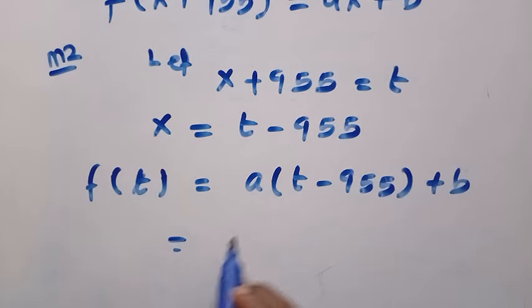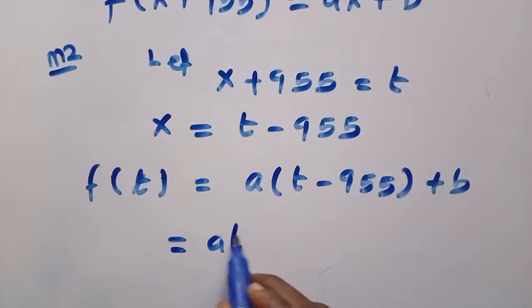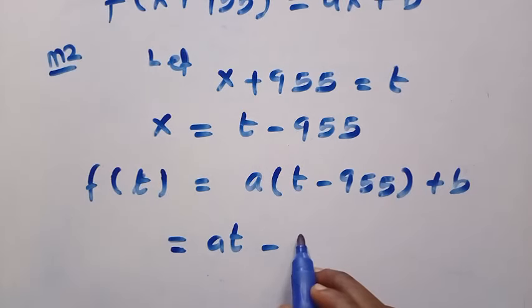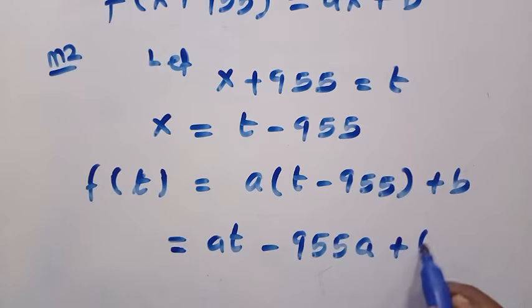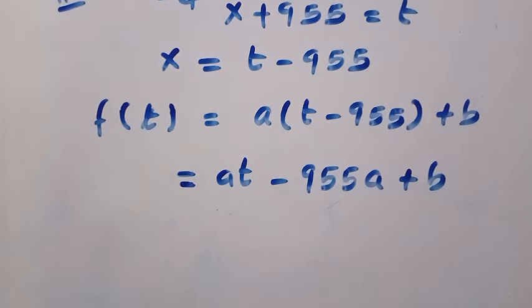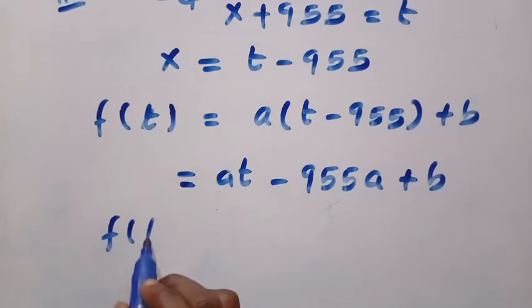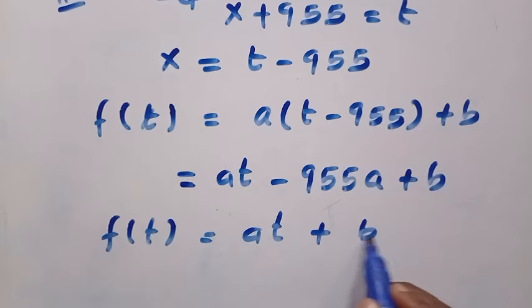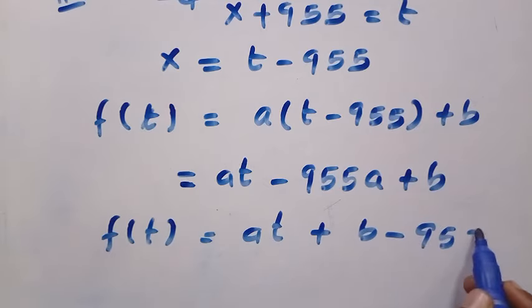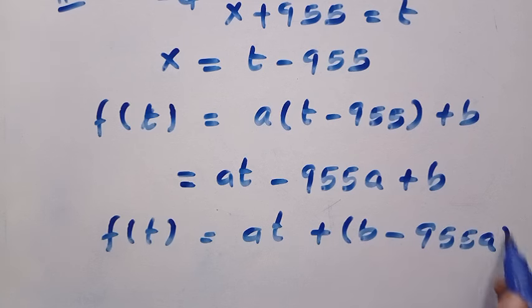Opening this, we have a times t, that is at, minus 955a, plus b. You can just group this so that we have f of t equals at plus b minus 955a. So this is what we have for f of t.